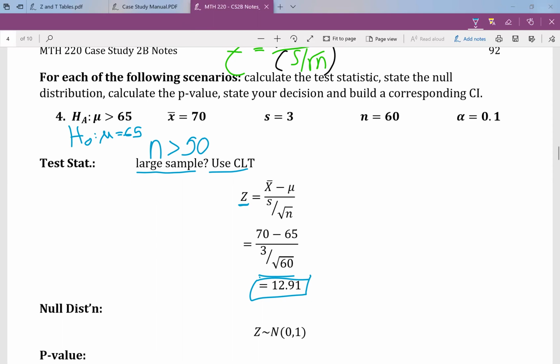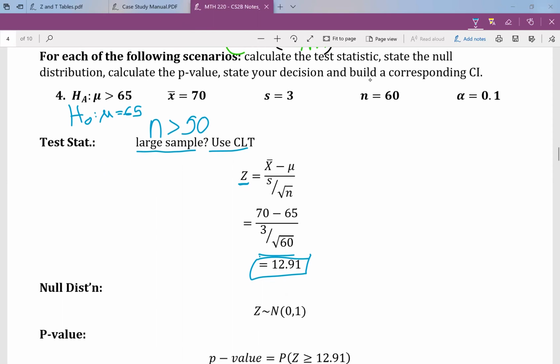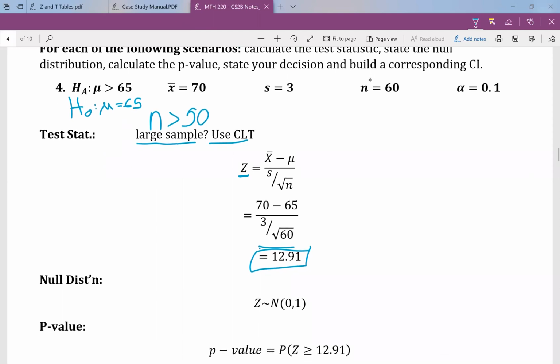Okay, so this is going to be the probability that Z is greater than or equal to 12.91.